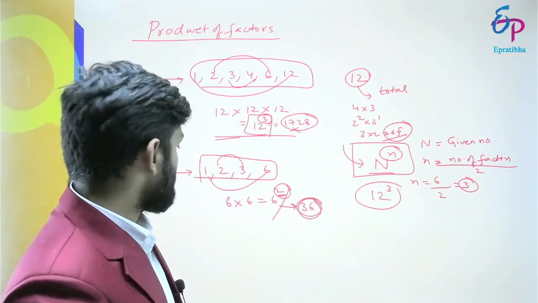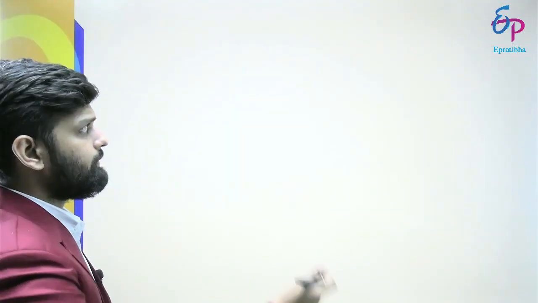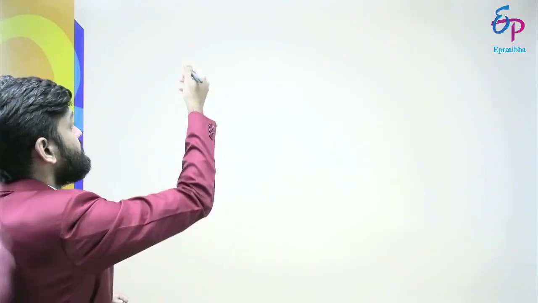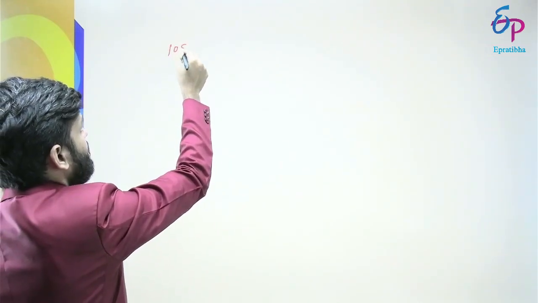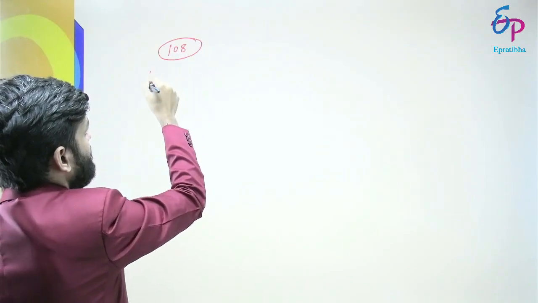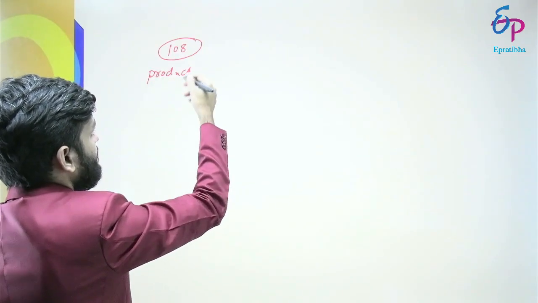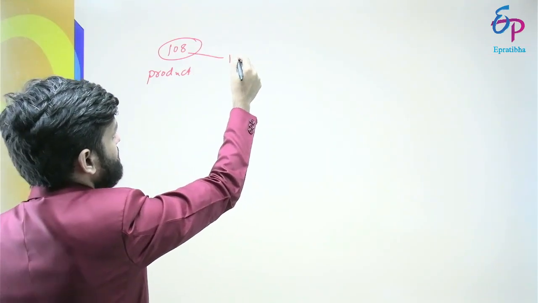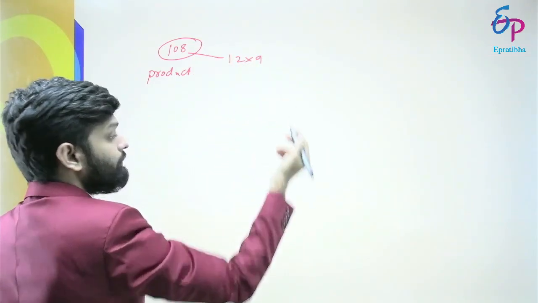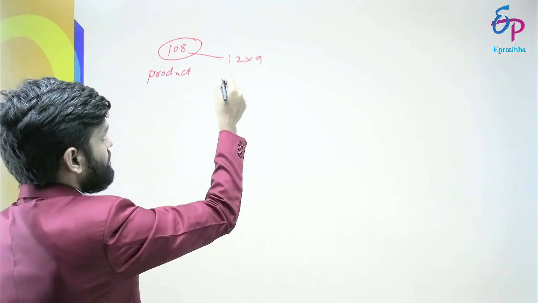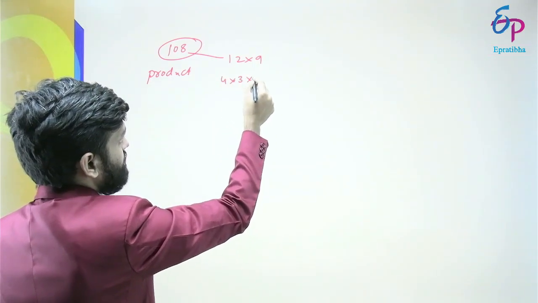Now we will solve one more question on this one. And there is one more type in this itself. When it is a square number, it will follow a different rule. That also we'll see. But first let's follow 108. What is the product of factors for 108? First of all, we have to find out what is the total number of factors. First we have to prime factorize. 12 9s are 108. It is 4 into 3 into 3 square.